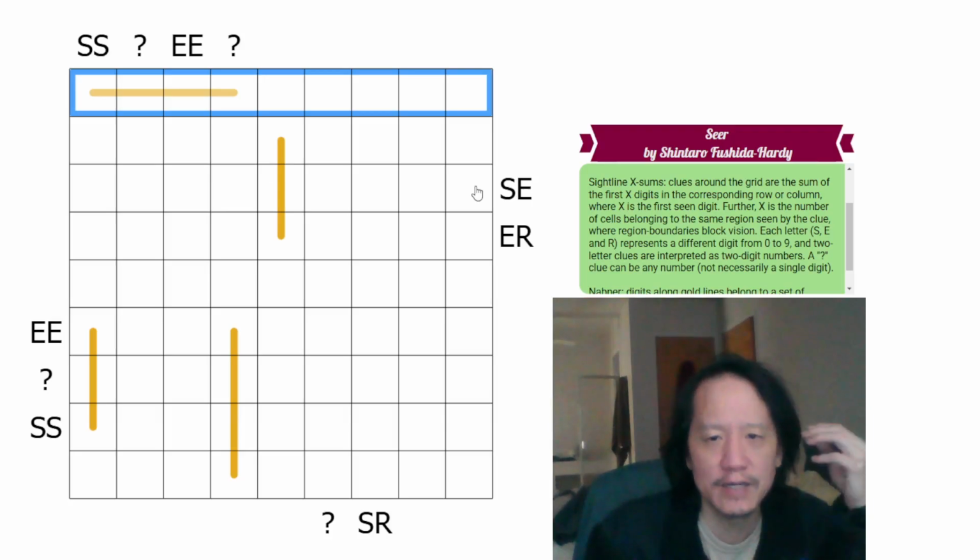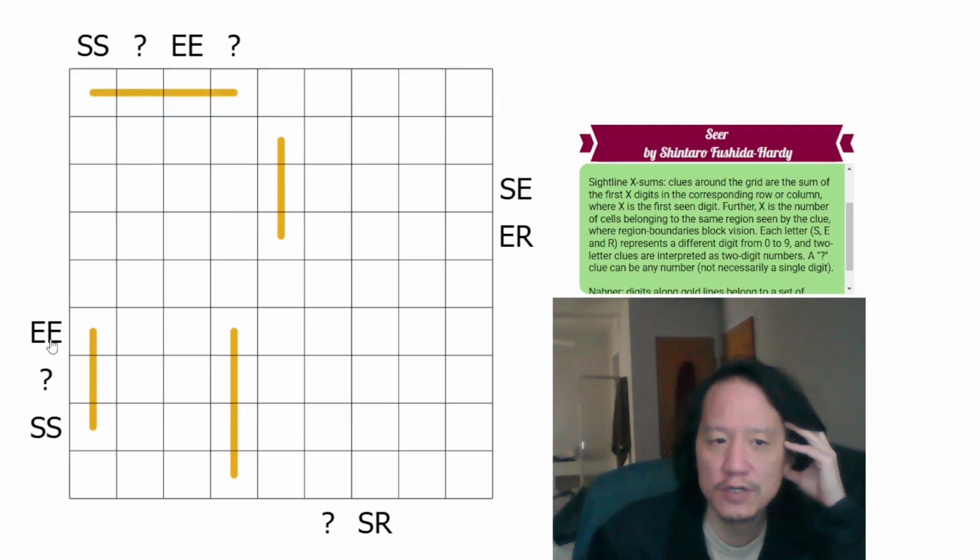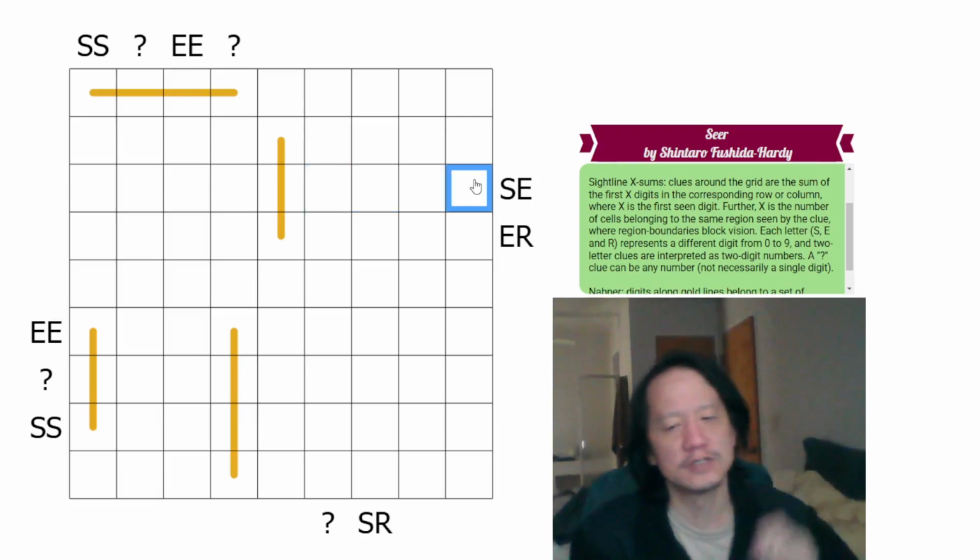Okay, so sightline X sums. So clues around the digits, which is SE, ER, EE, SS, a question mark, EE, and SS. They are the sum of the first X digits in the corresponding row or column where X is the first seen digit. So this is typical X sums here.